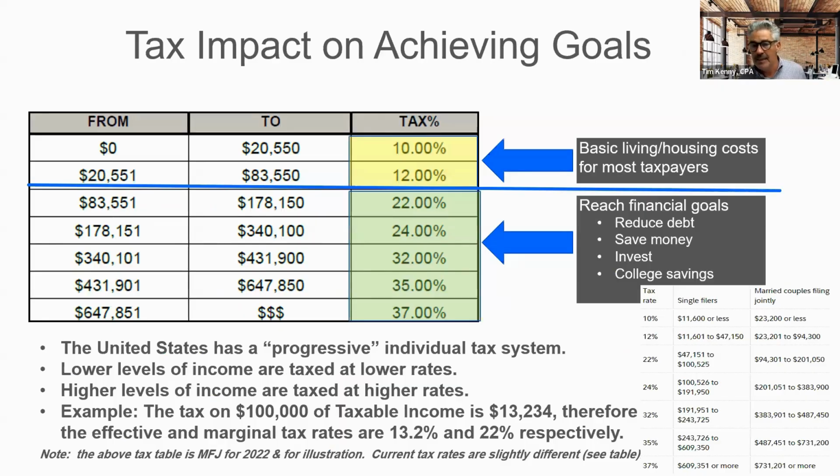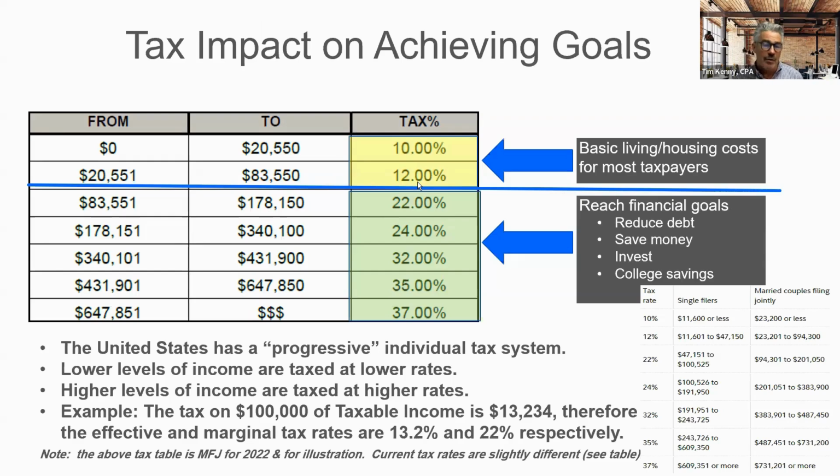One thing to keep in mind is, just for a simple example, we've got a taxpayer with 100,000 of income. That puts them in the marginal tax bracket of 22%. So the marginal tax rate is 22%. However, they did have some income where they were paying at 10% and 12%.